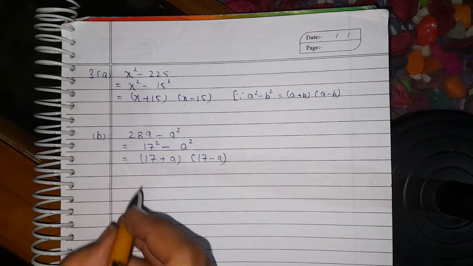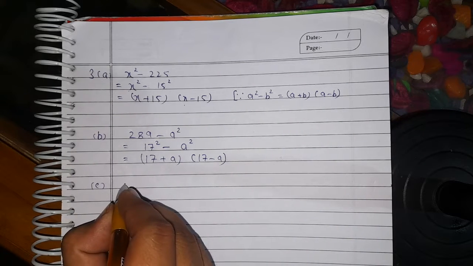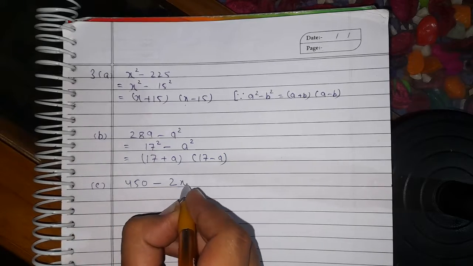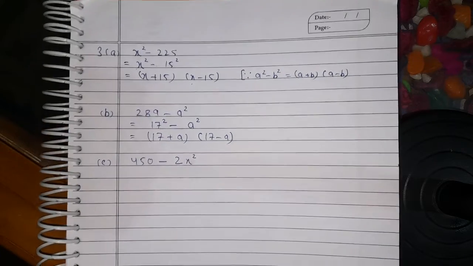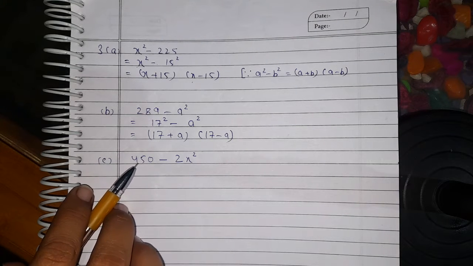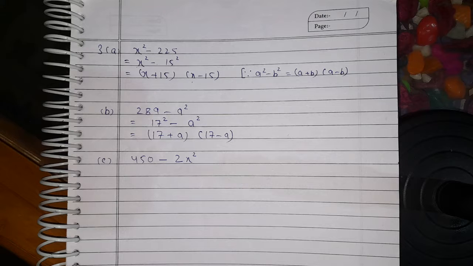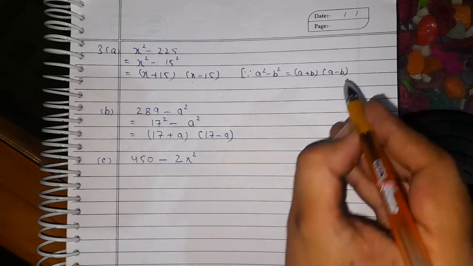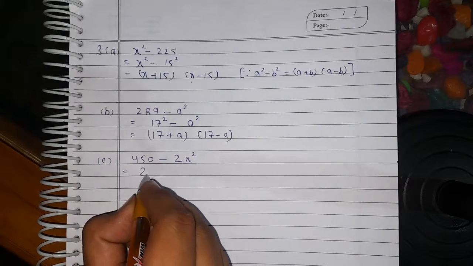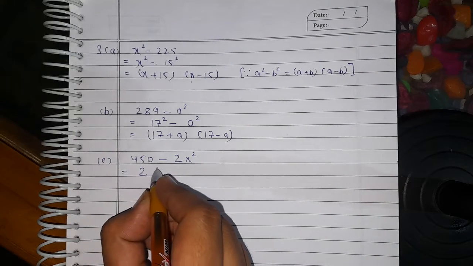In the same series, the c part is 450 minus 2x square. Now 450 is not the square of any number, and 2x square is also not the square of any number. So what can we do here? In order to solve the question by using the above identity, I can take 2 as common.